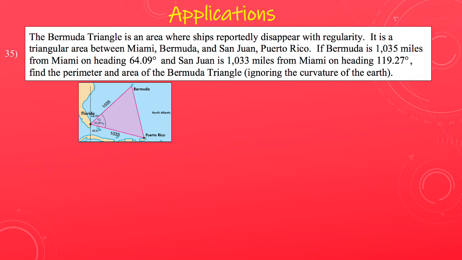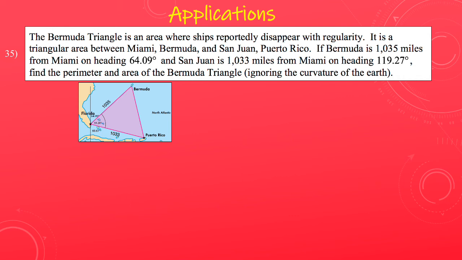Shown is a map of all three locations. Remember that headings are drawn from the north in a clockwise direction. So a heading of 64.09 degrees will go from Florida to Bermuda and will be the angle shown.